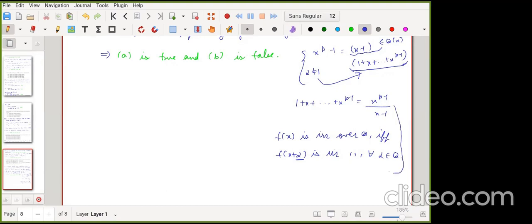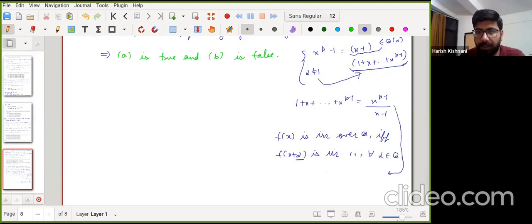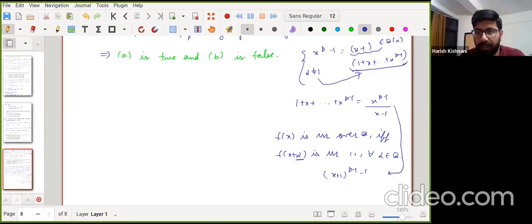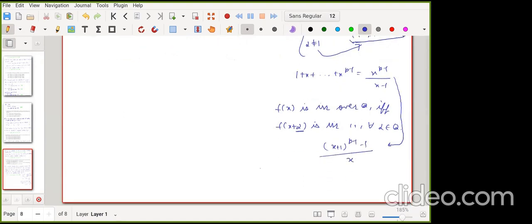So for alpha equal to 1, this is just ((x + 1)^p - 1) divided by x. Just replace x by x + 1, and then using binomial expansion, you expand it.